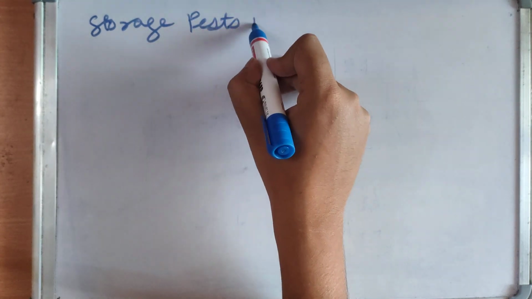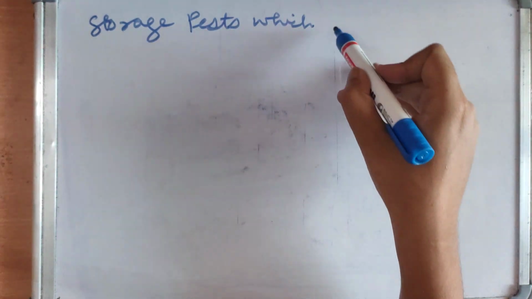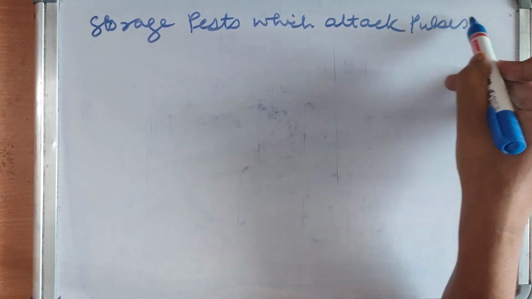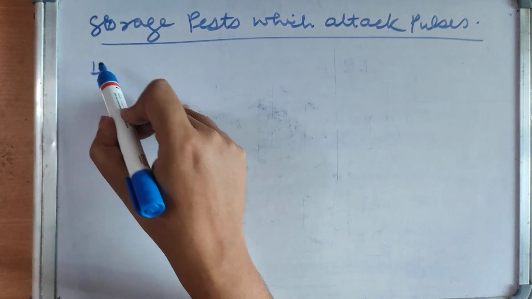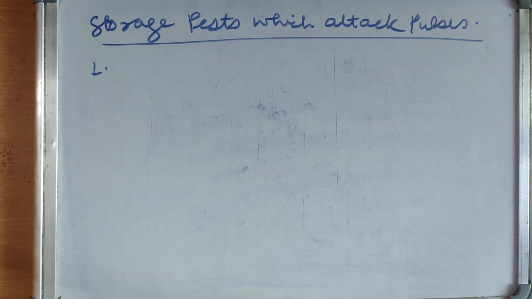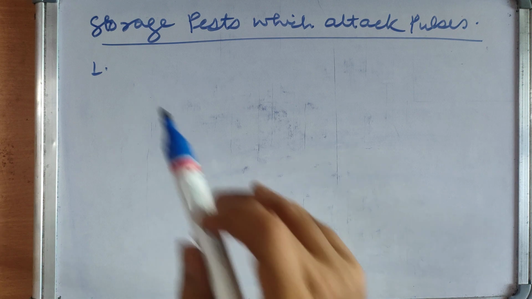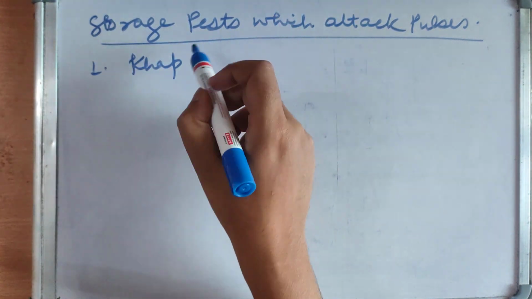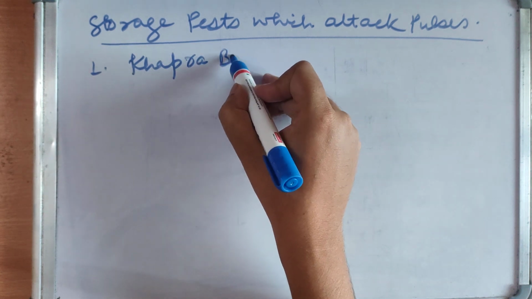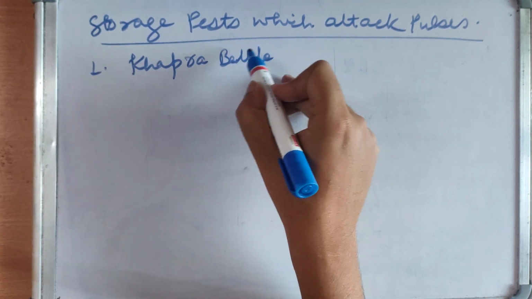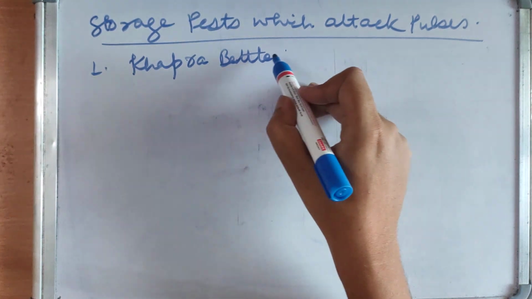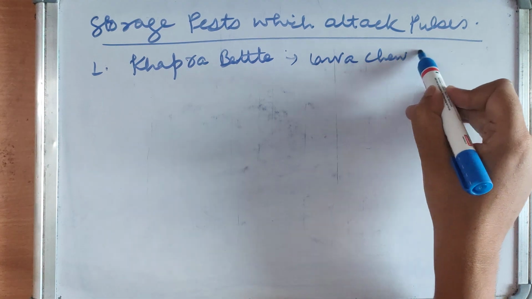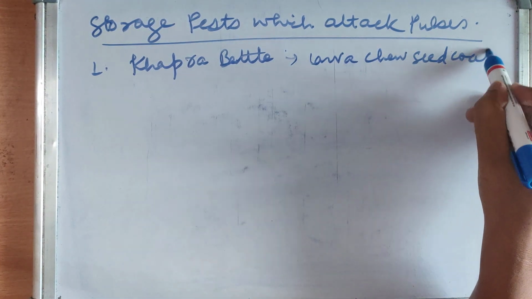Storage pests which attack pulses. We will discuss some common storage pests which attack pulses. First is khapra beetle. The larva of khapra beetle chews the seed coat.